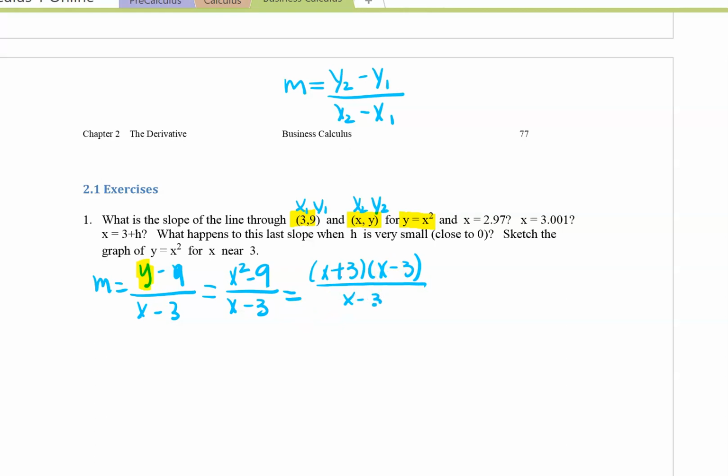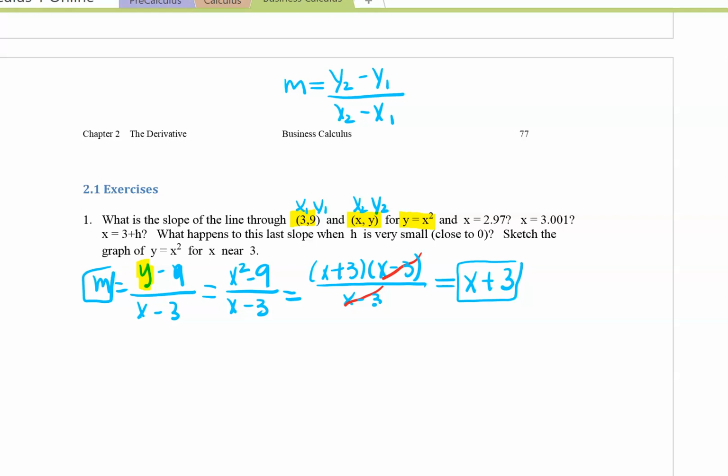Now this cancels since I have multiplication on top and bottom of that x minus 3. And so this cleans up into x plus 3. And so although this has definitely upped our difficulty level compared to dropping a tomato, we now have a formula for finding m, because that's what all that was for.